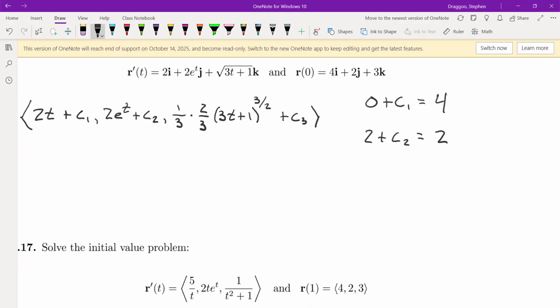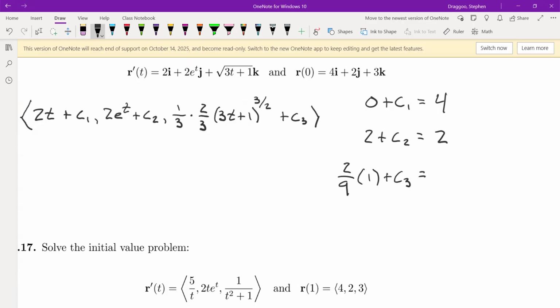And then I'll get whatever happens when I plug in a number to that square root bit. So let's see. I know that this will be 2/9, I think, is what happens when I combine those constants together. The square root of 0 plus 1, take that back. That's 0 plus 1 to the 3/2, which is 1 to the 3/2, which is just 1.